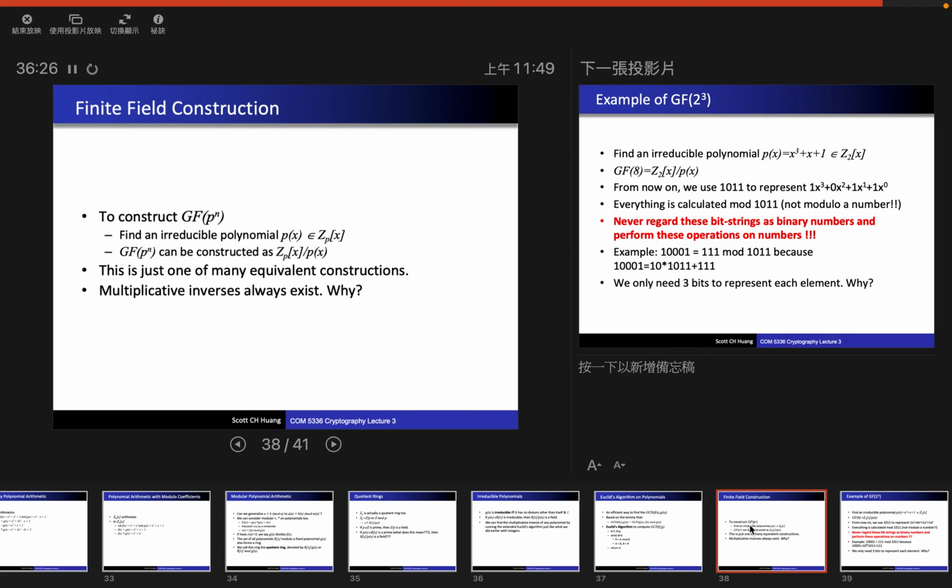The thing is, anything that is a multiple of this x squared plus x plus 1 is regarded as 0. For example, obviously, when you have x squared plus x plus 1 times anything, g(x), it will be regarded as 0.